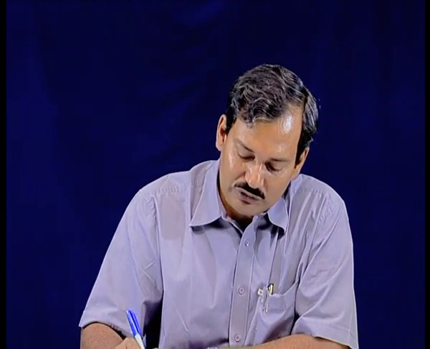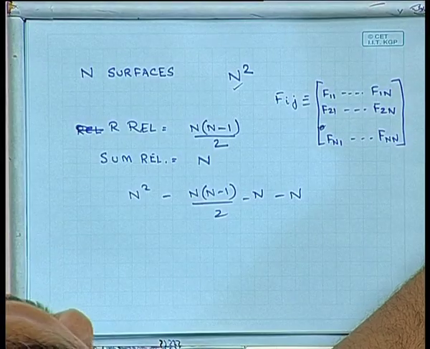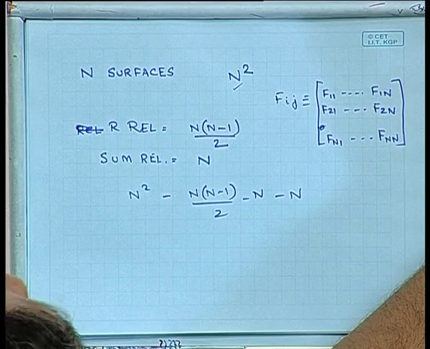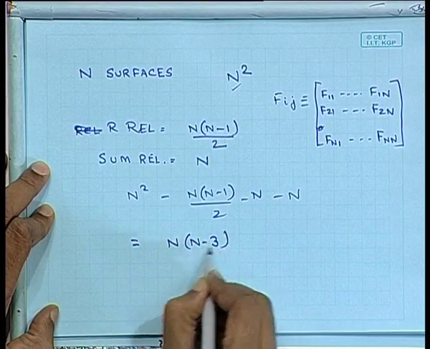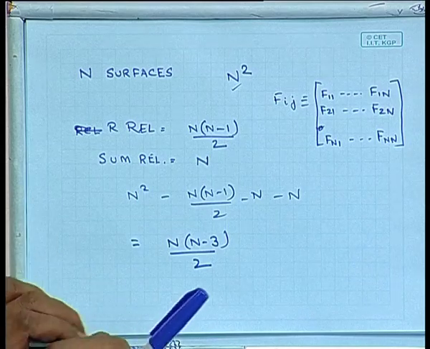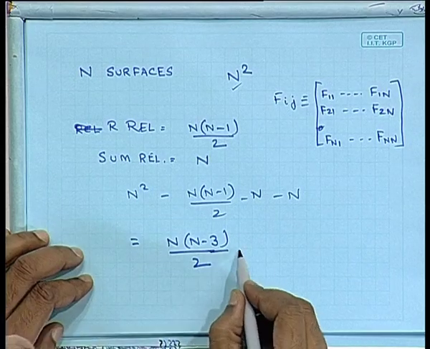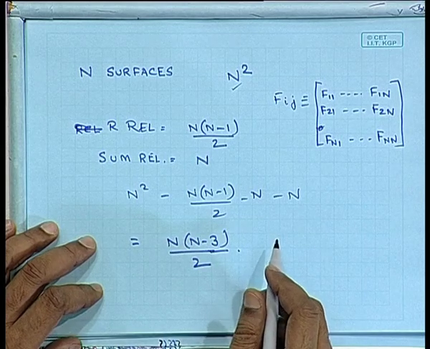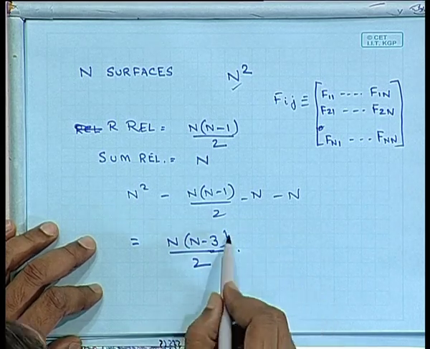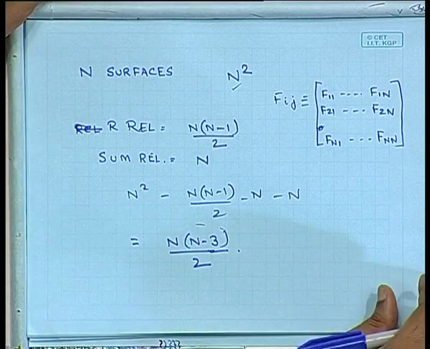So, you do not have to know n more number of view factors if the shape of the surface is specified. So, for that special case, what you have to find out is n into n minus 3 by 2. These many view factors you have to know before you start your radiation calculations. So, these many view factors are needed.